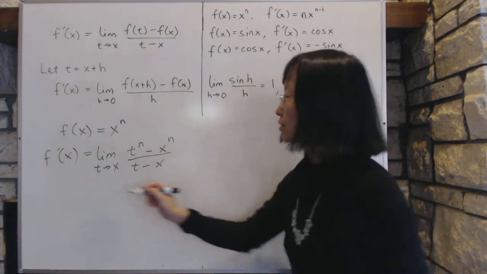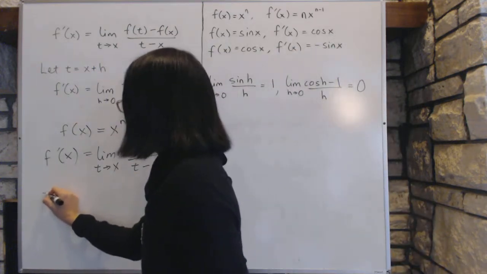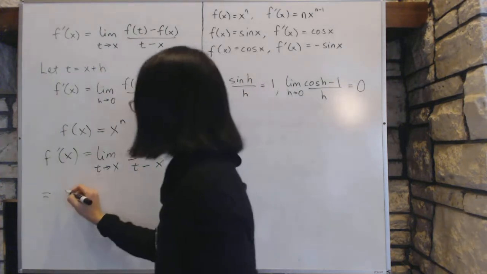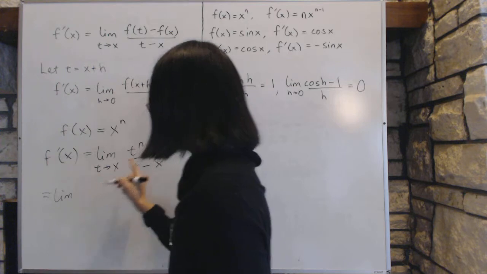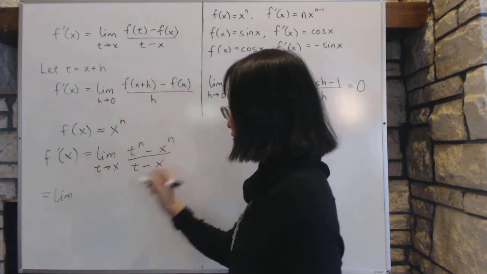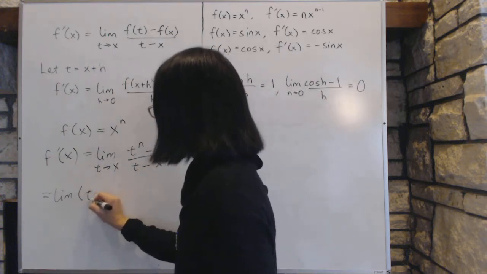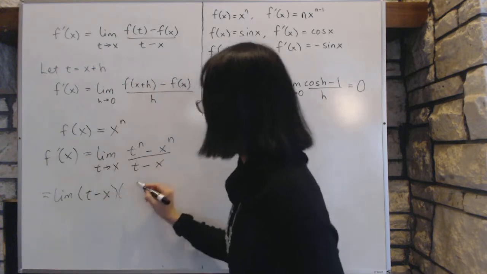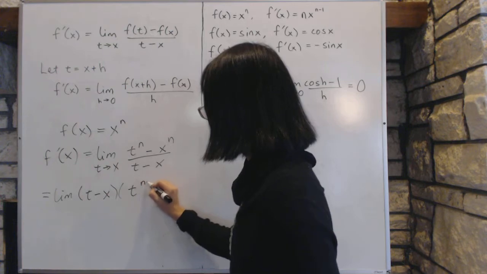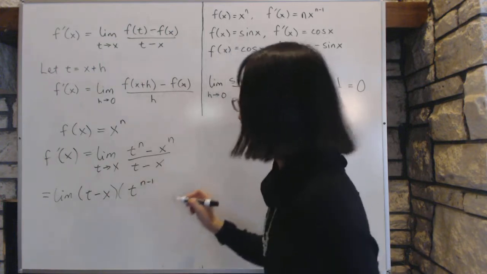Now, to calculate this limit, we have to use a certain formula to factor this, which comes conveniently from algebra. Whenever you have this kind of expression, it factors out like this: t minus x, and then the rest becomes t to the power n minus 1, plus t to the power n minus 2 times x, and you keep going all the way down to t to the power n minus n, which is just 1, times x to the power n minus 1. I'm quoting a formula from algebra.